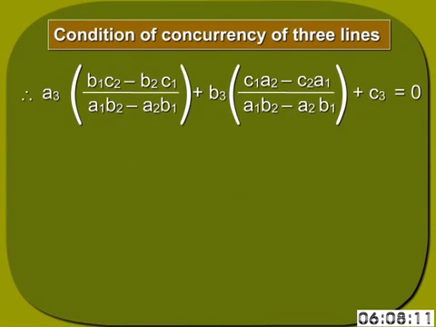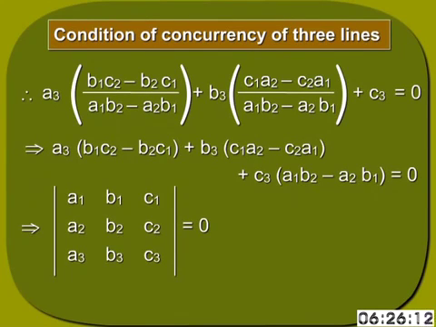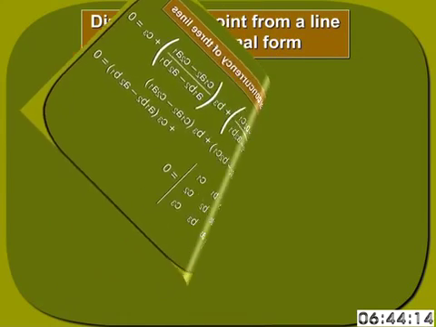On solving, we get a3 into b1c2 minus b2c1 plus b3 into c1a2 minus c2a1 plus c3 into a1b2 minus a2b1 is equal to 0. This implies determinant with first row elements a1 b1 c1, second row elements a2 b2 c2, third row elements a3 b3 c3 is equal to 0. So this is the required condition of concurrency of three lines.